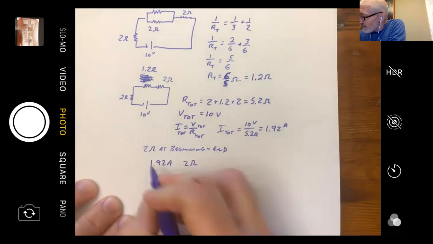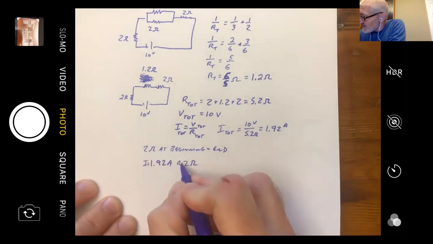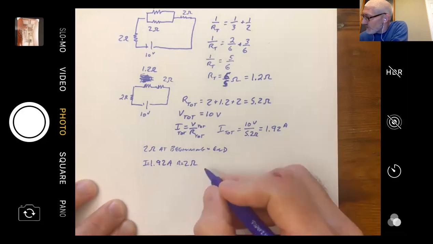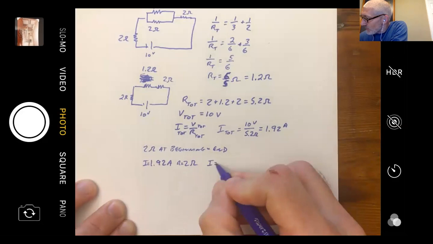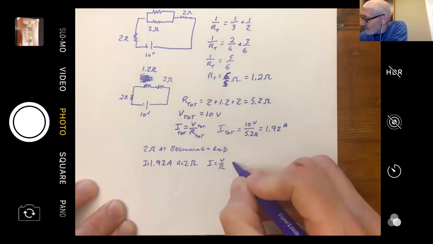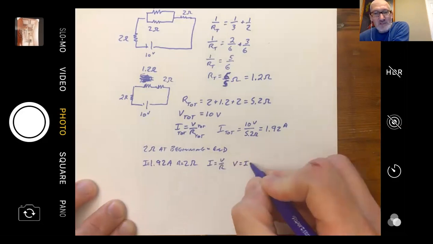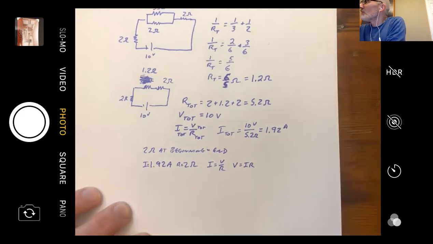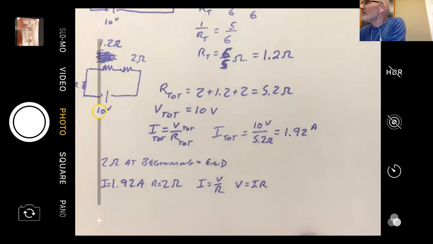So I know the current, I know the resistance. And so if I know I and R, I should be able to find voltage. So I equals V over R. Rearrange that, you get V equals IR. Make that a little bit bigger for you guys. Sorry about that.